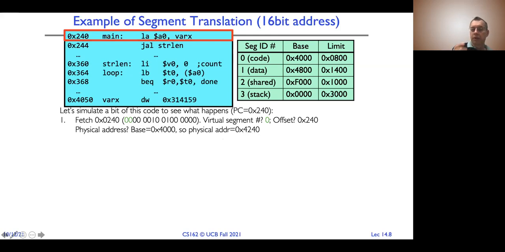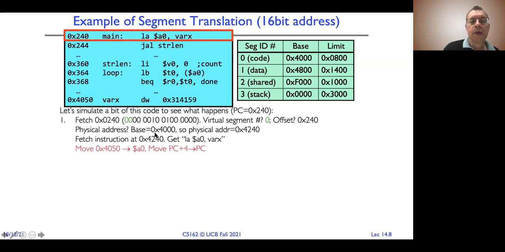Now you use this address to fetch the instruction from the memory. The instruction, like I told you, loads the bar_x address, which is 4050, a virtual address, into register A0.